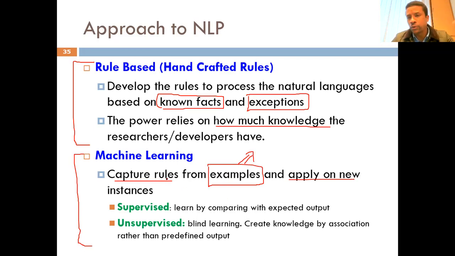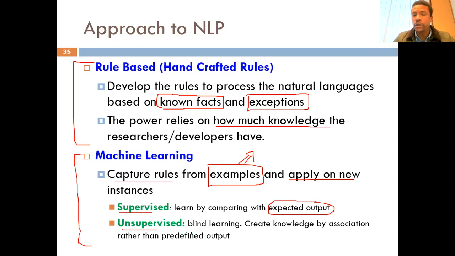And a machine learning approach, I believe from your machine learning course, can be supervised or unsupervised. If it is supervised, then during the learning process, you are going to give the example as well as the expected output. It means in a way you are dictating how the learning goes. You are supervising, helping the machine to learn more.